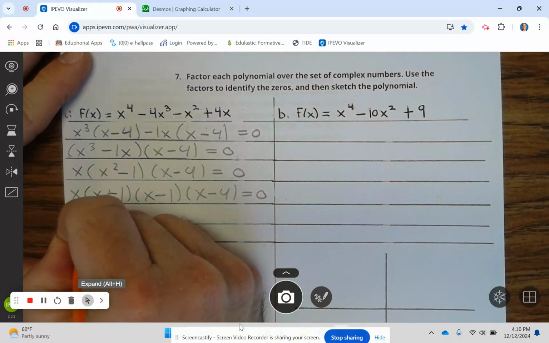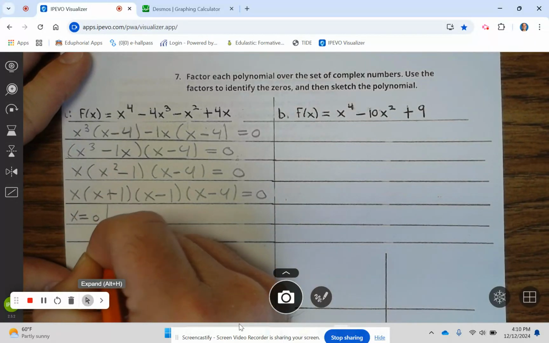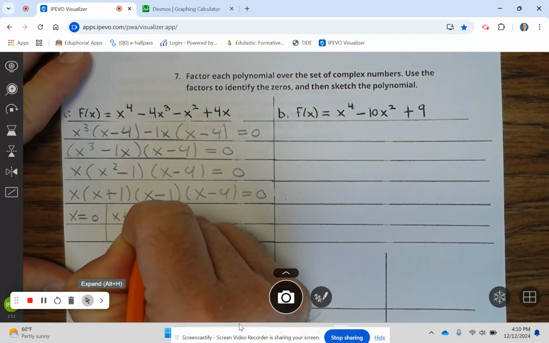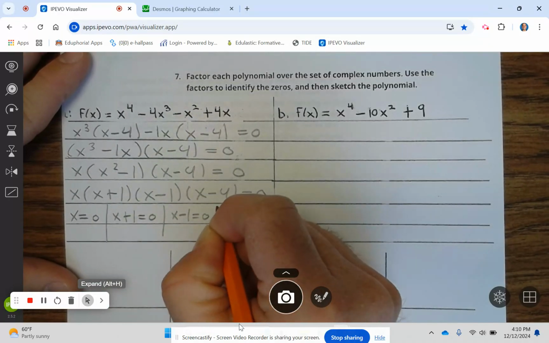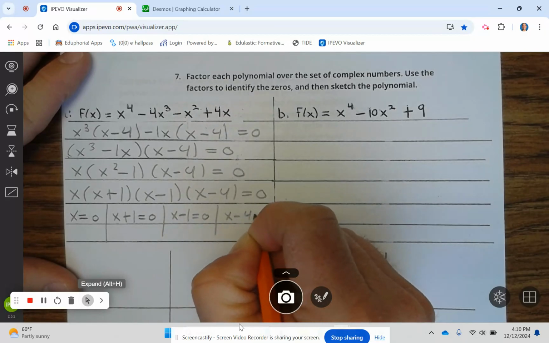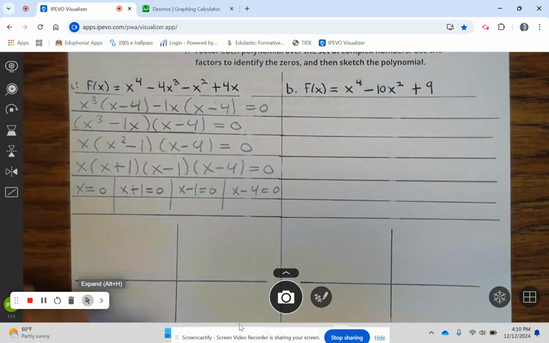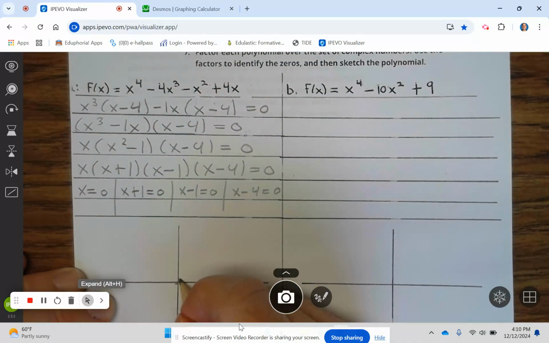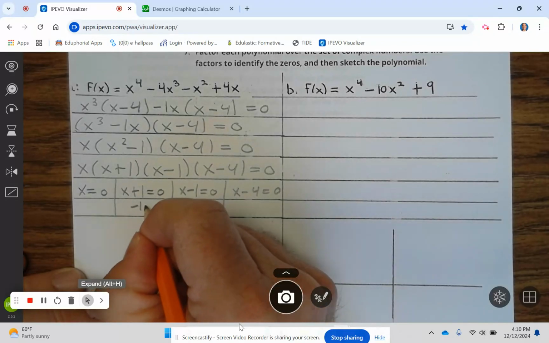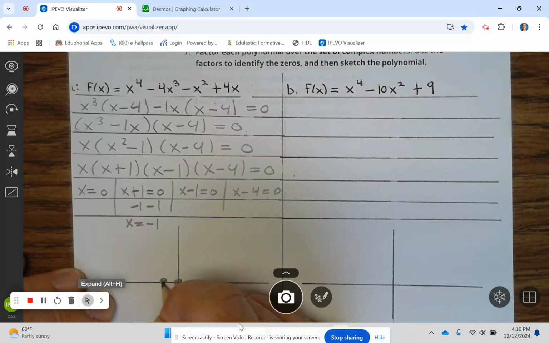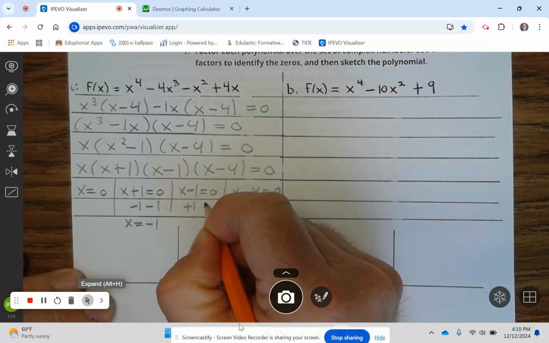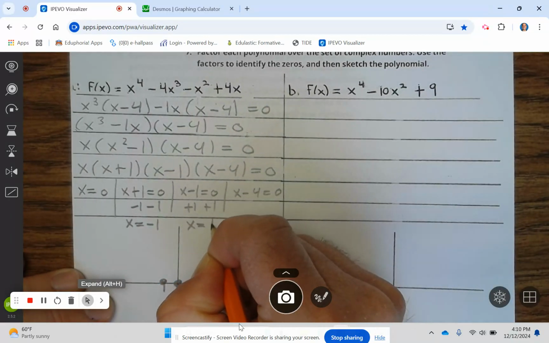So we set x equal to 0, x plus 1 equal to 0, x minus 1 equal to 0, and then x minus 4 equal to 0. So x equals 0. We subtract 1 from both sides. X equals negative 1. Add 1 to both sides. X equals 1.